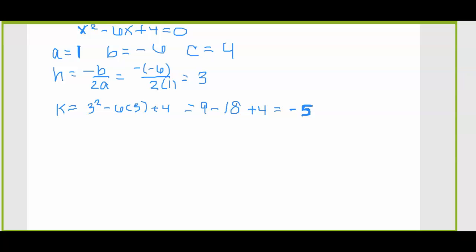Watch how you type in your negatives, I think. Okay, so we get negative 5. So my vertex is at 3, negative 5. So you put that in the middle of your table.